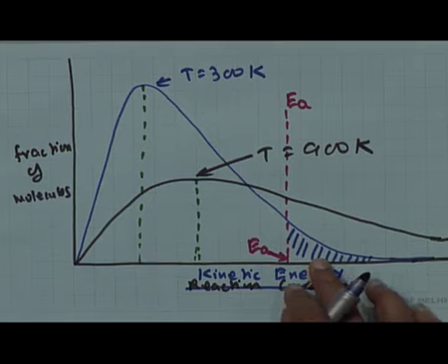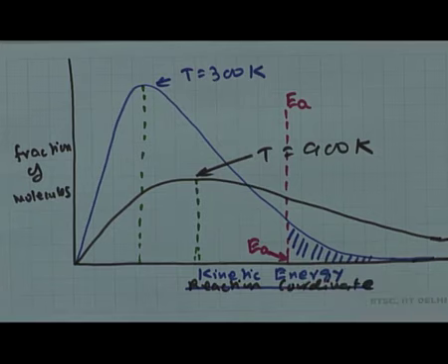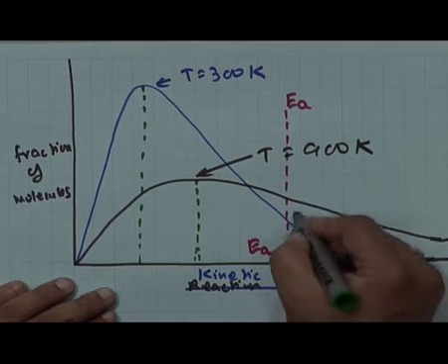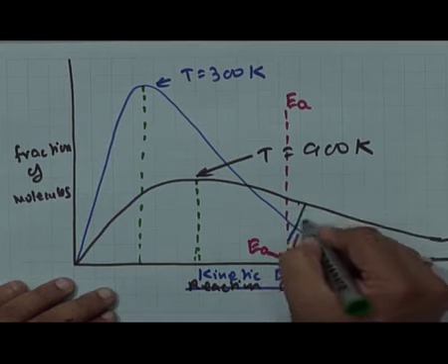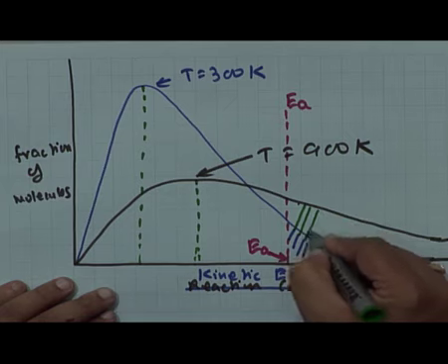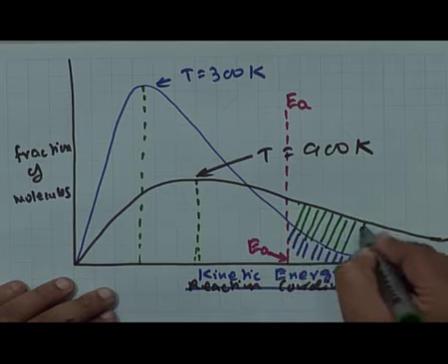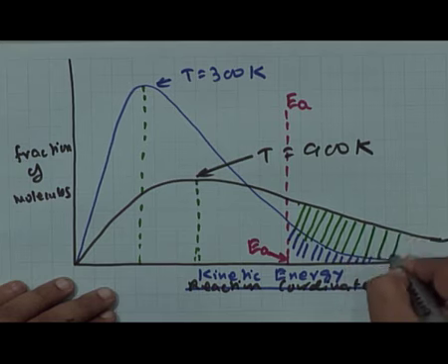Now, for the same reaction, when I go to 900 Kelvin, the EA has not changed, which means the activation energy is temperature independent. If I make the shade a different color, you will see a much higher population.